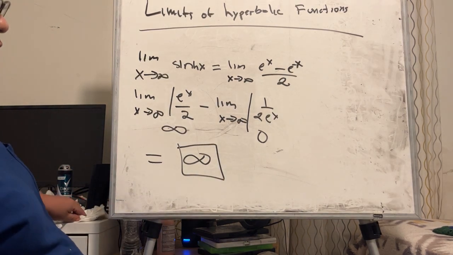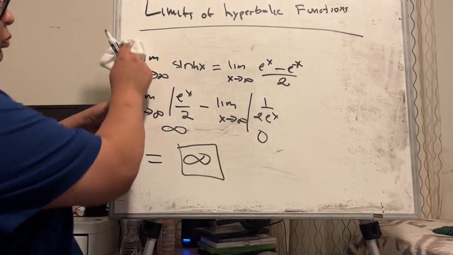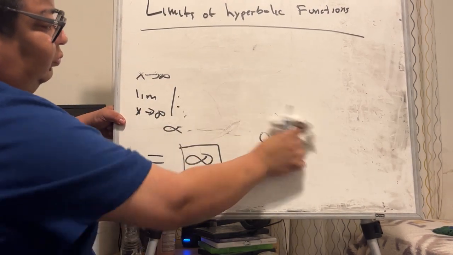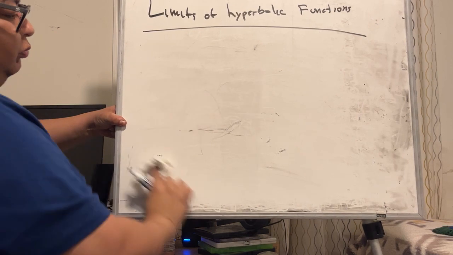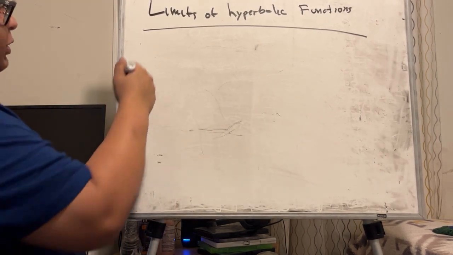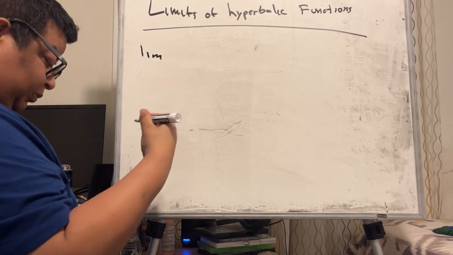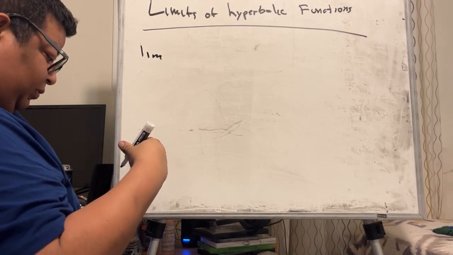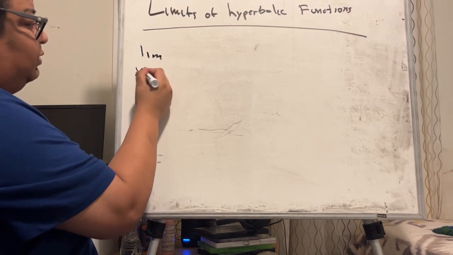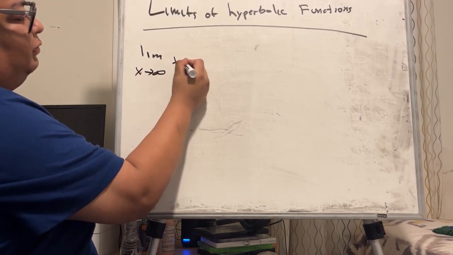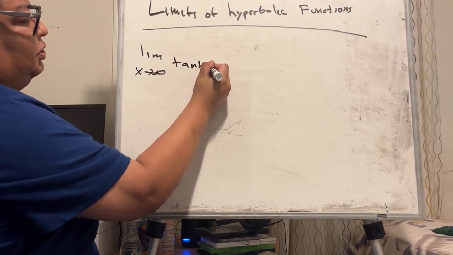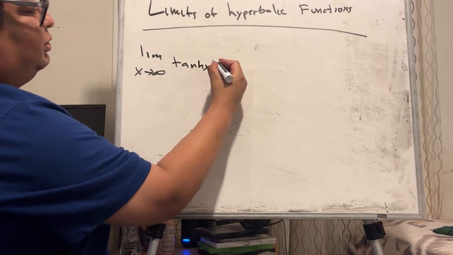Alright, so let's look at one more. The next one says that the limit as x approaches infinity of tanh of x. Same thing.